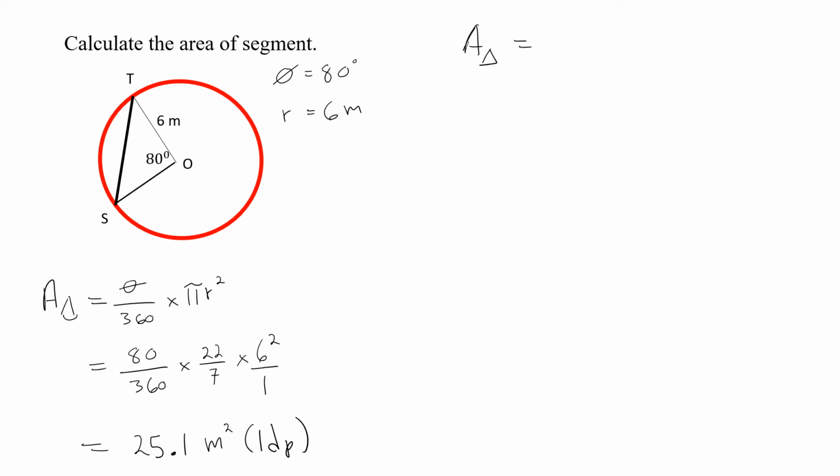The area of the triangle now will be half ab sine C. And in this case, half ab sine C would be half of 6 times 6 multiplied by sine of 80.